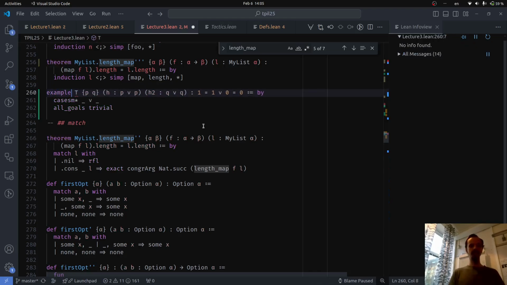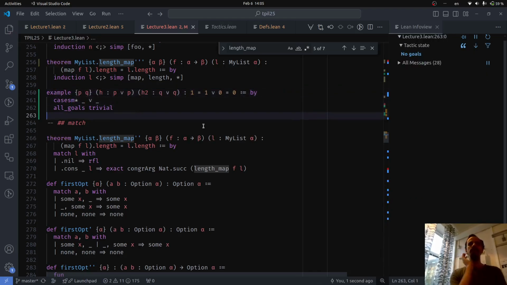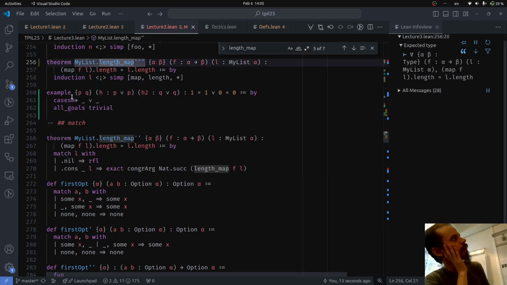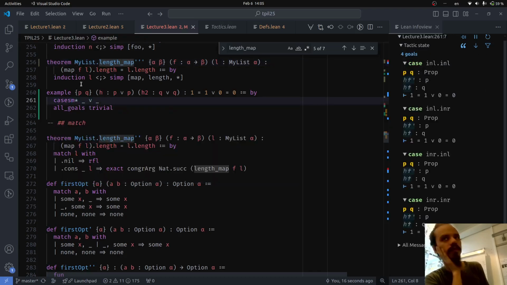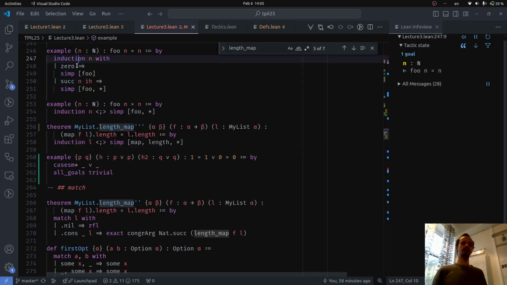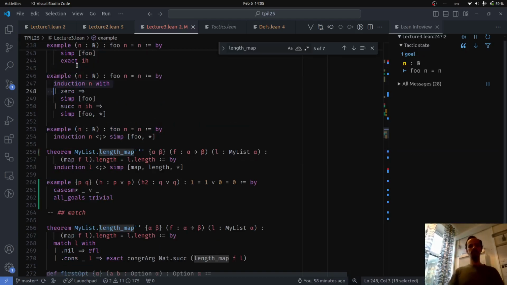I think for induction there is a better way, without having to explicitly put the case. Above, you always have to put that match on the case.